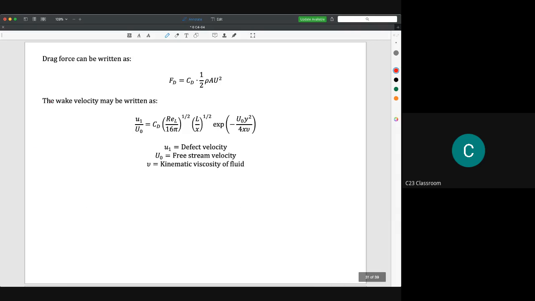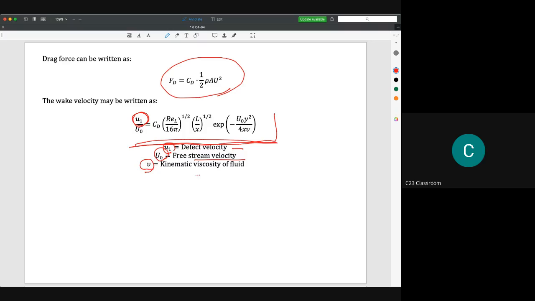Okay, so we come back to the idea that force is equal to CD times 1 over 2 rho A U squared. And then we could calculate CD here, and then we need to calculate the velocity defect U1 here, by using the idea of this one. Where U1 here is the defect velocity, U naught here is the free stream velocity, and nu here is the kinematic viscosity of the fluid.